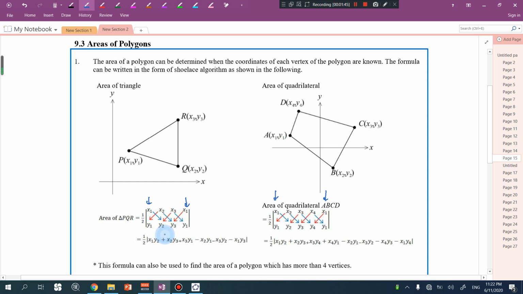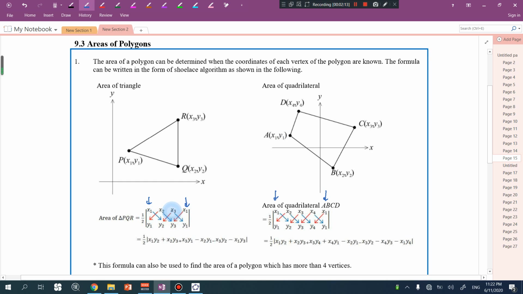So how do we apply this formula to get the area of a polygon? It's actually very simple. Now we focus on this direction first, the blue one. It means x1 times y2 plus x2 times y3 plus x3 times y1. Then we complete all the terms in this direction.